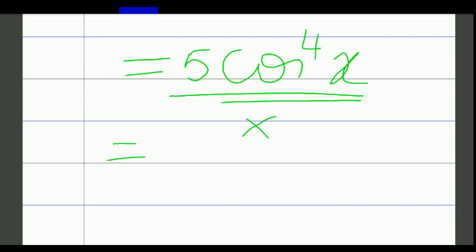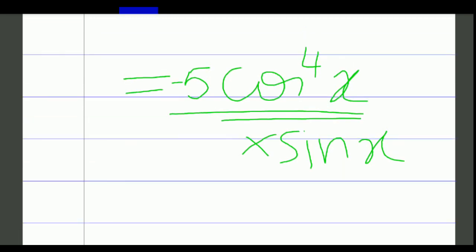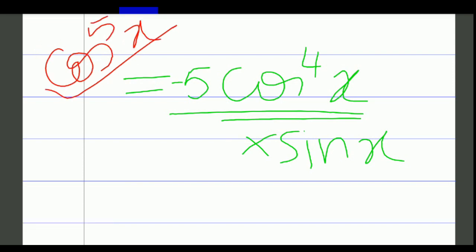So 5 cos raised to 4x into the derivative of cos x, that is minus sin x, so I am writing this minus here. So for cos raised to 5x we get minus 5 cos raised to 4x sin x.